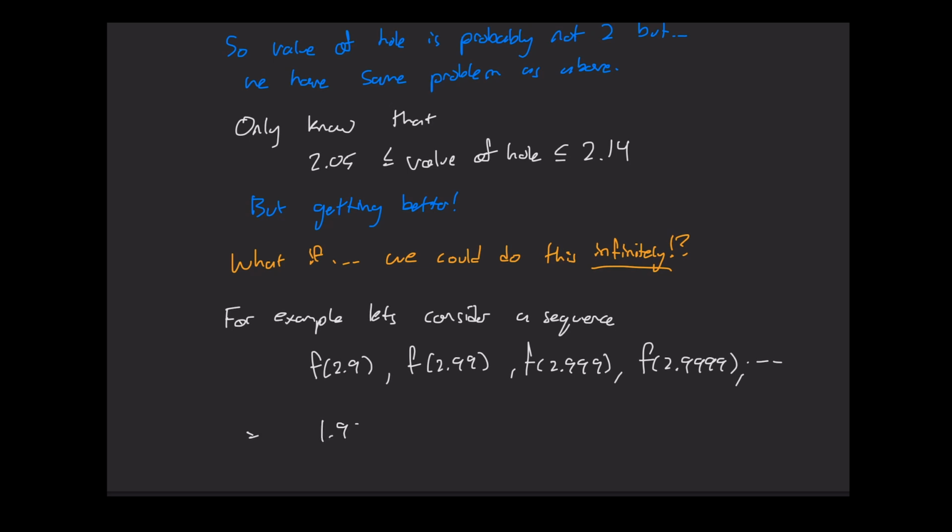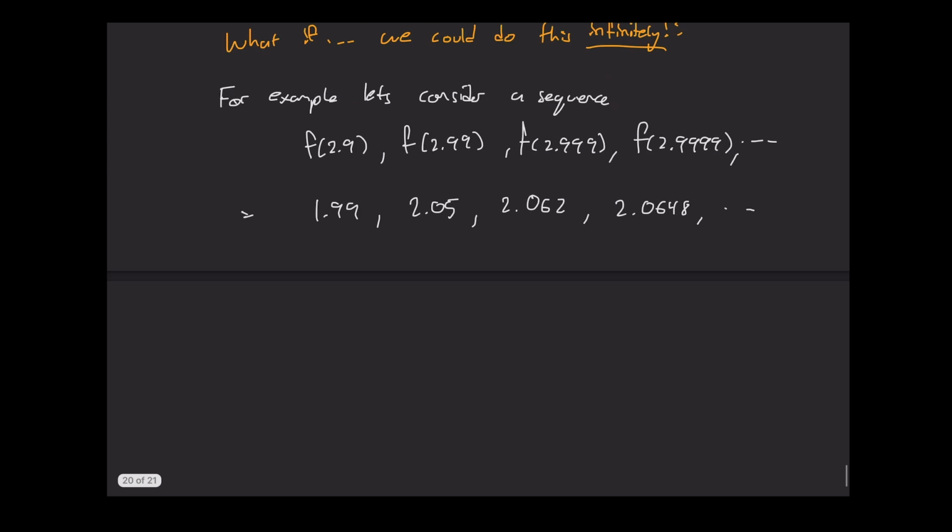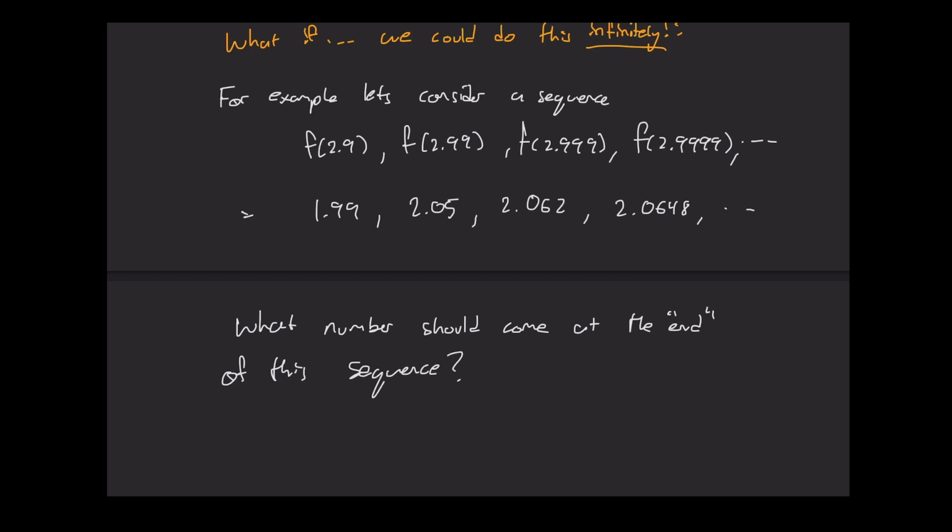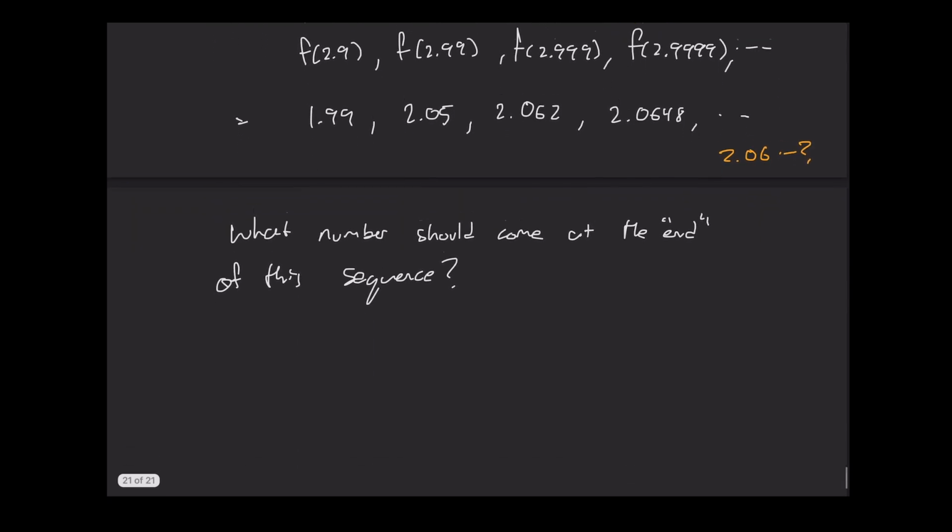And let's say those values are 1.99, 2.05, 2.062, 2.0648, and we just keep going off to infinity. So the question is, what number should come at the end of this sequence? So if we could complete this sequence, what number would we result in? Maybe it's 2.06 something, but we don't know the digits because it keeps changing. How do we do this?